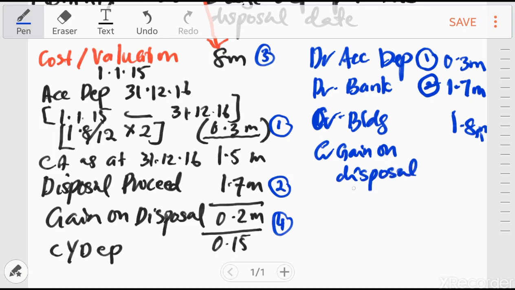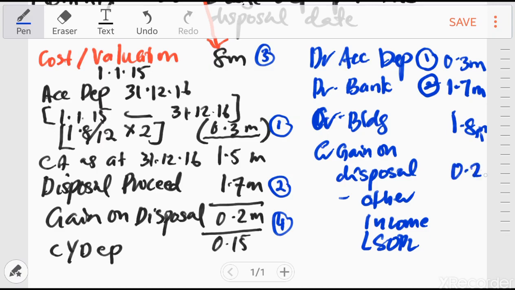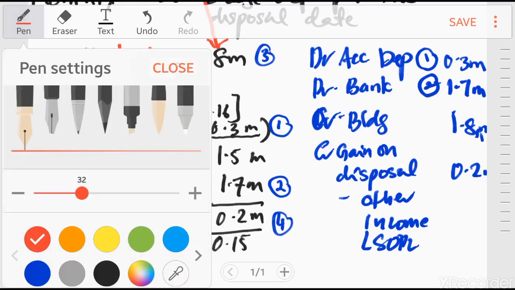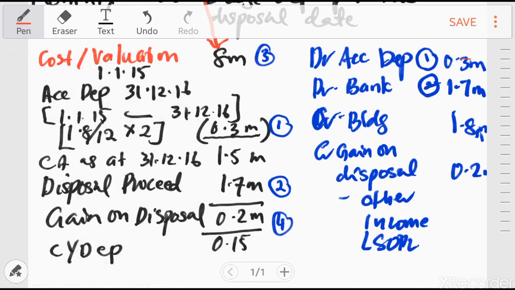Gain on disposal will be shown as part of other income, and that is a SOPL item. So the gain is 0.2 million.